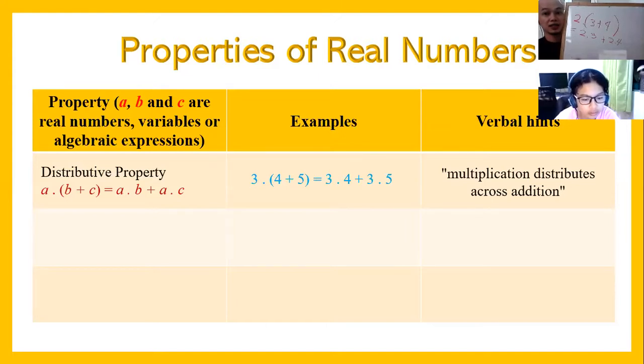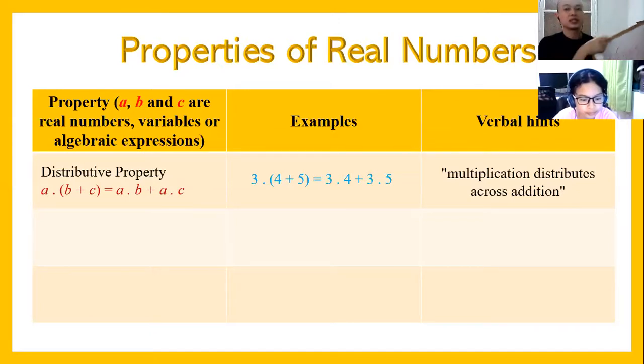If we are going to give the value, this will be 6 and this will be 8. So 6 plus 8 will be 14. The answer is 14. If you see it like this, you have to distribute the number across addition. You understand, Kristel? That is distributive property.